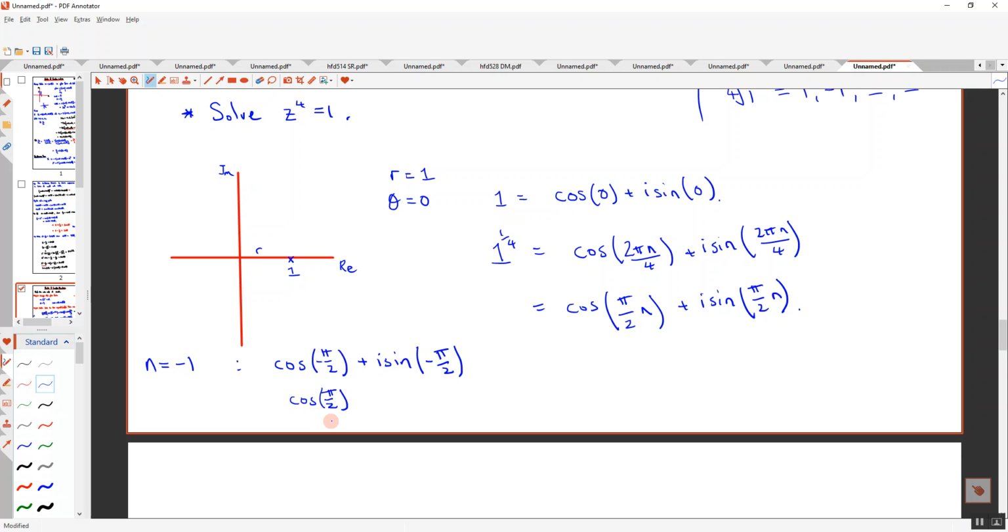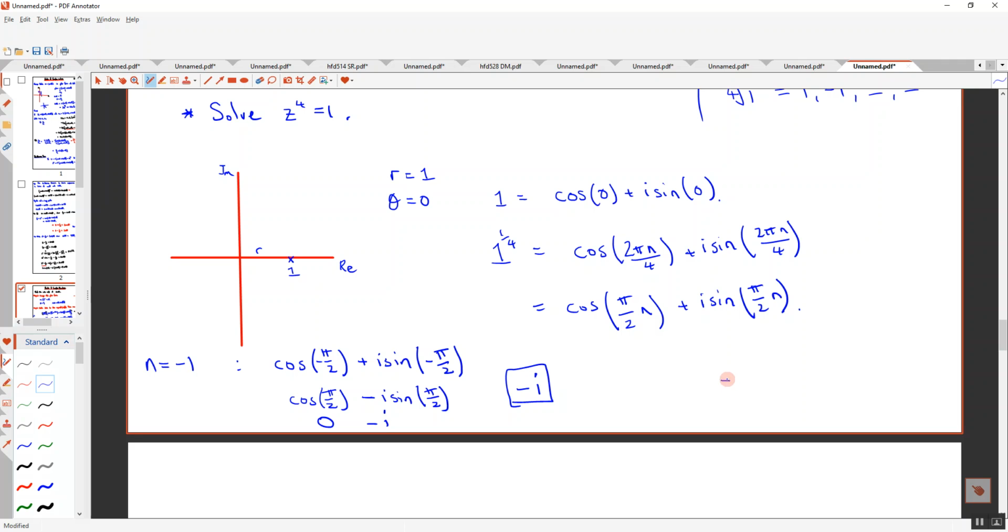So this is 0. And sine of -π/2 is the same as negative sine π/2, and sine of π/2, sine of 90 is 1, right? So my first root is -i.